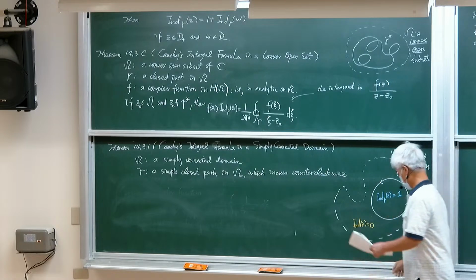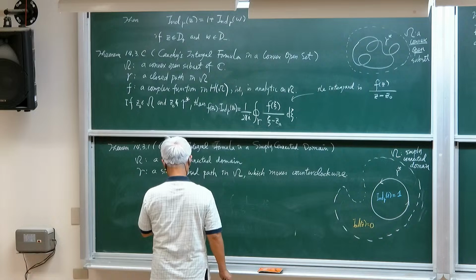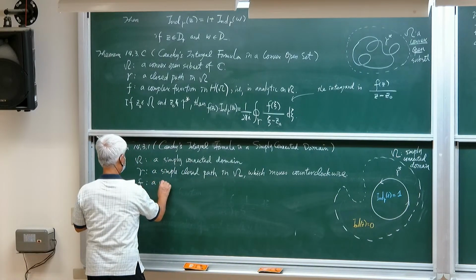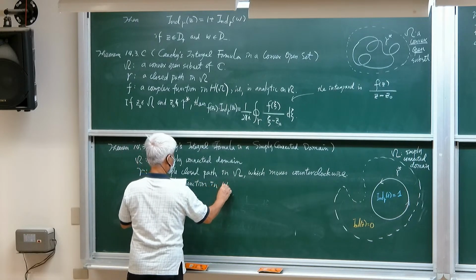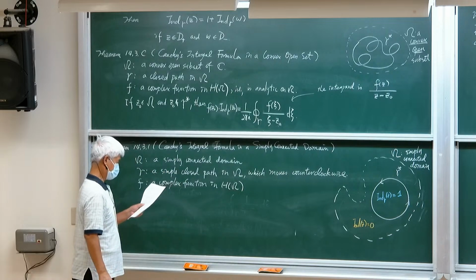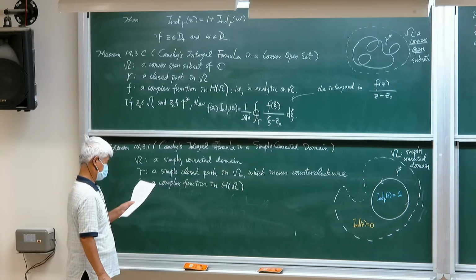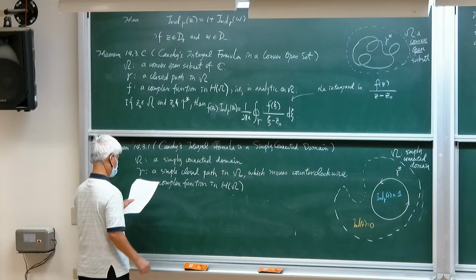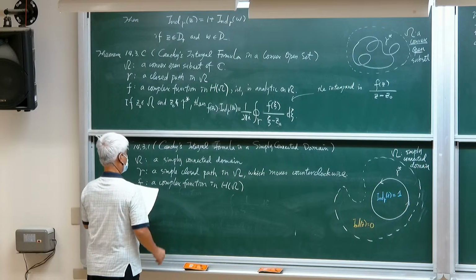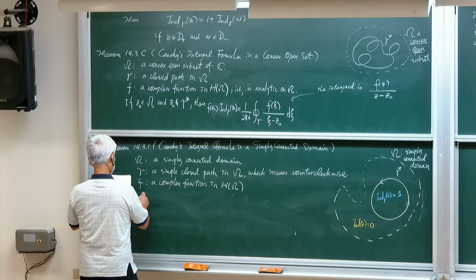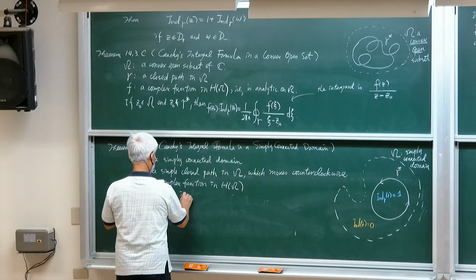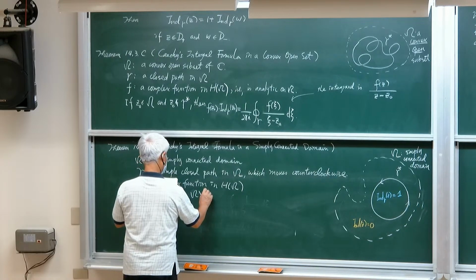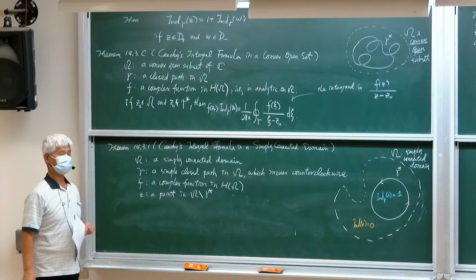Then let f be a complex function in the set of all holomorphic functions on omega, and z a point in omega but not in gamma star.